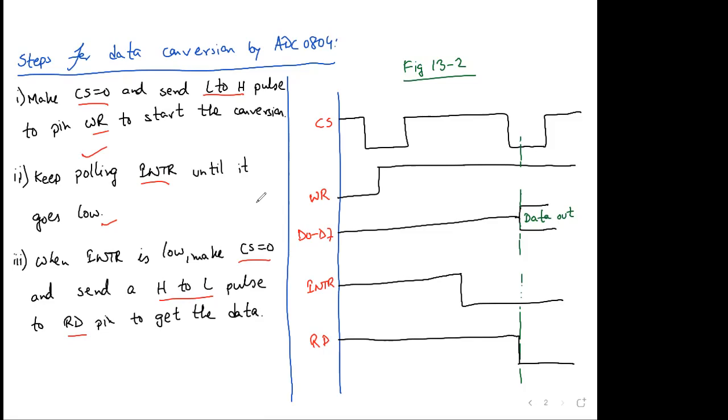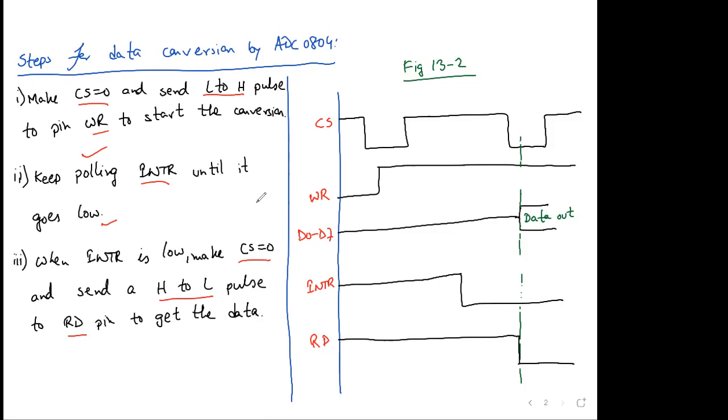If that pin is not low, your chip will not work. We can always make it low. So your question is why did we make CS high? That should have been the right question. Was that your question? Kind of, sir. No, the questions are two different.